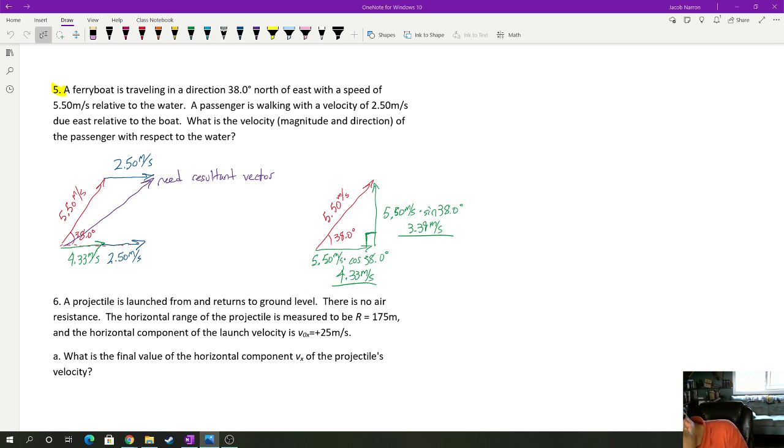So when we do that, I get an x component of 6.83 meters per second. There we go. As for the y component, we found that too. It comes from that sine of 38 degrees times 5.50 meters per second. And we got 3.39 meters per second. So there's our y component.